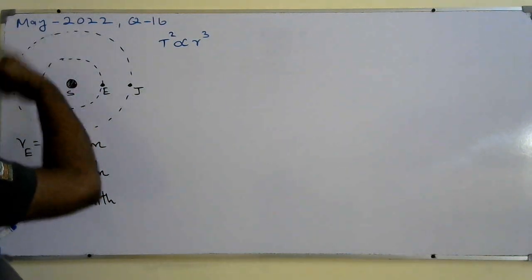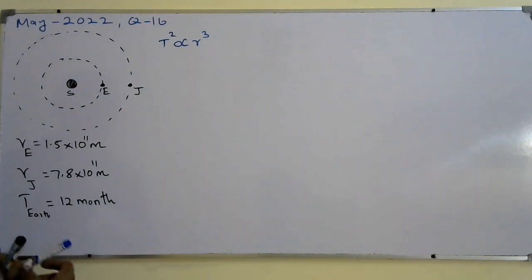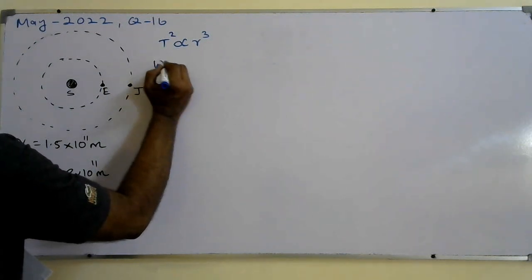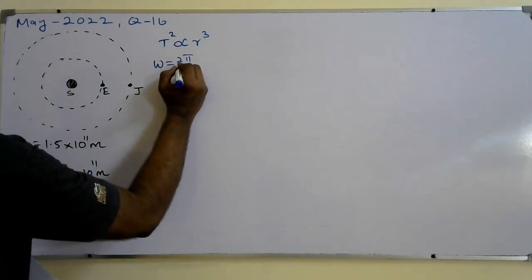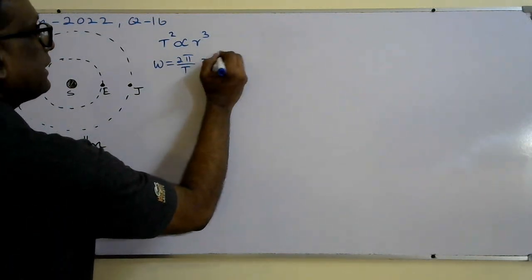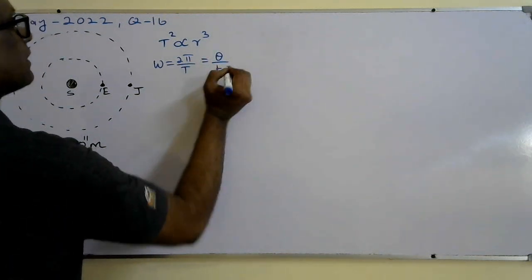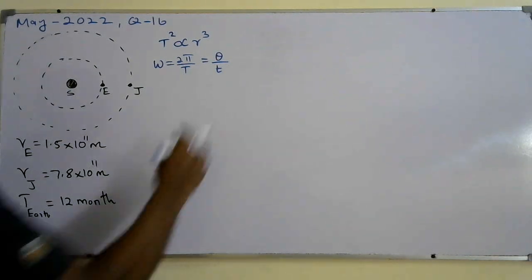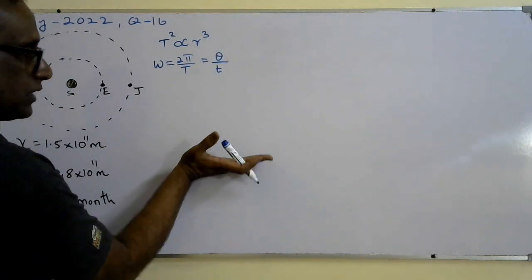We know that omega equal 2 pi over T, and also we know that omega equal theta over t, because theta is the central angle, change in central angle over time taken t.